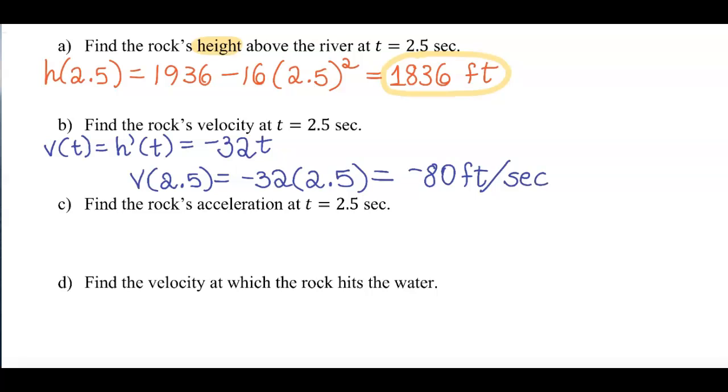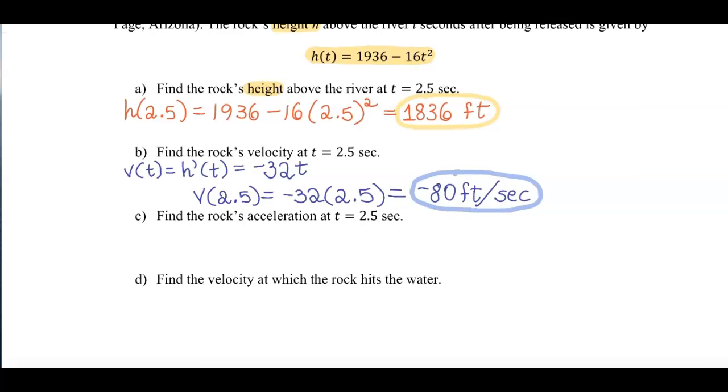That's how fast it is falling. And it's negative because the distance from the rock to the river is getting smaller and smaller as the rock gets closer and closer to the water, right?